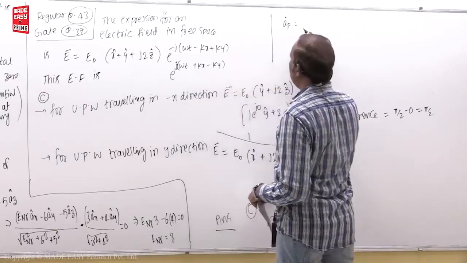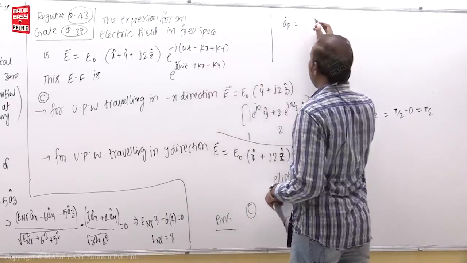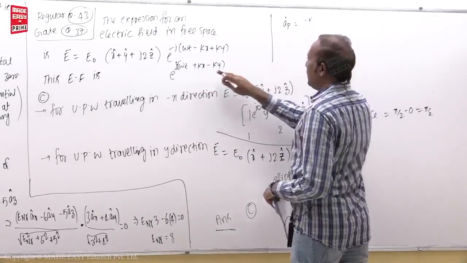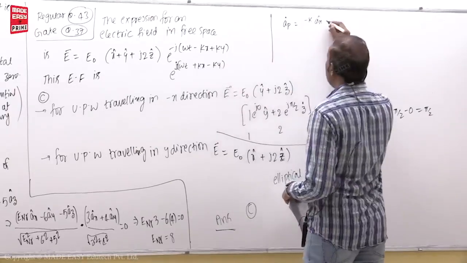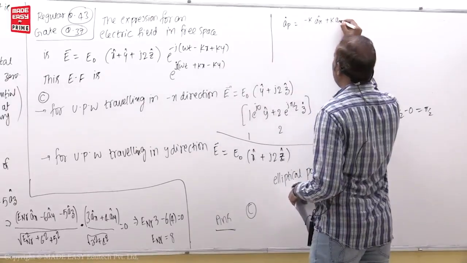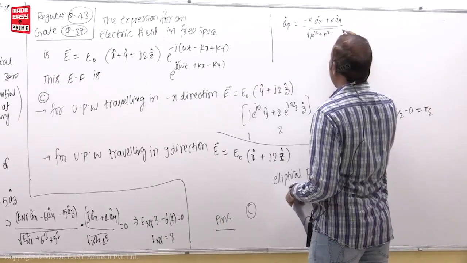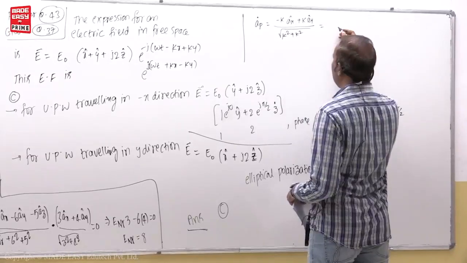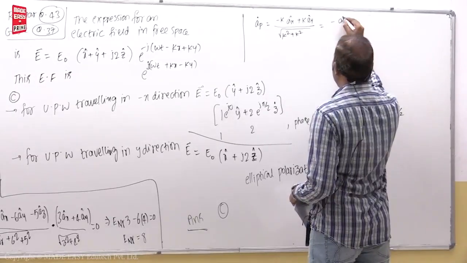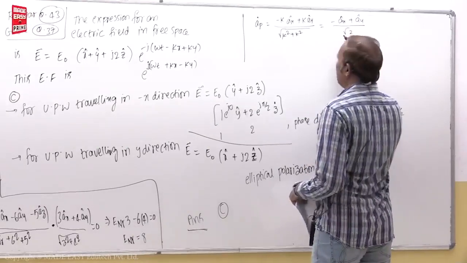I told you how to write the unit vector in the power flow direction. Whatever is there, you take the opposite sign, so minus k, and in place of x you write ax cap, and here whatever is there you take the opposite sign, plus k, then ay cap divided by root of k square plus k square, that is nothing but root 2 k. Then k cancels, and you get minus ax plus ay divided by root 2.